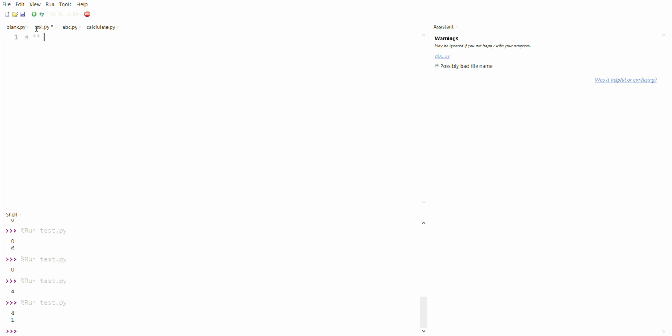Now the next operator we are going to understand is the exponential operator. The exponential operator is symbolized by two star signs or two multiplication signs. As you know, the exponent simply means something to the power of something. So let's try it.